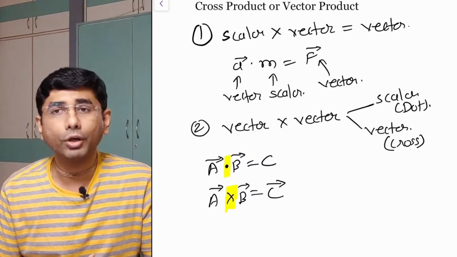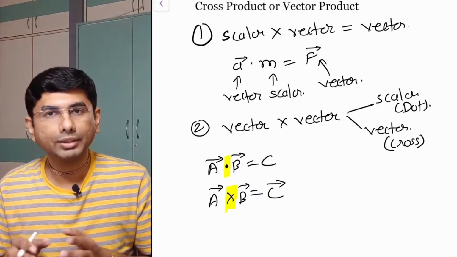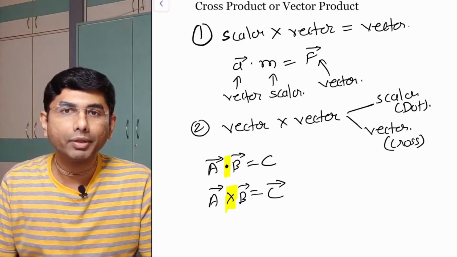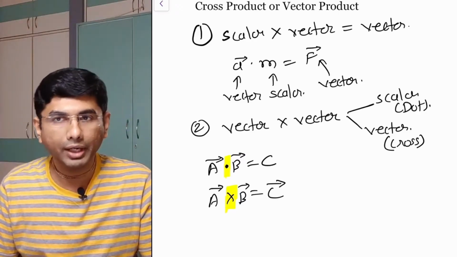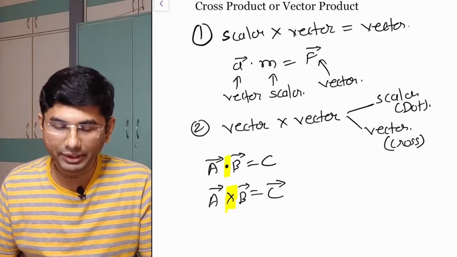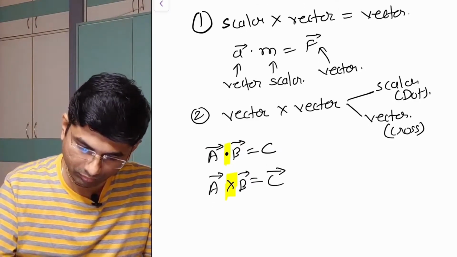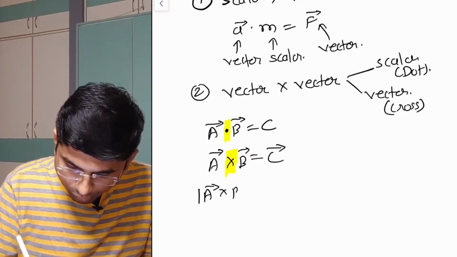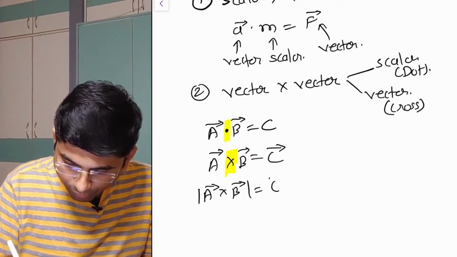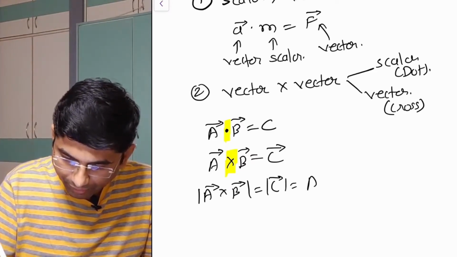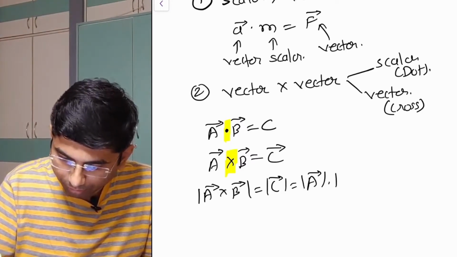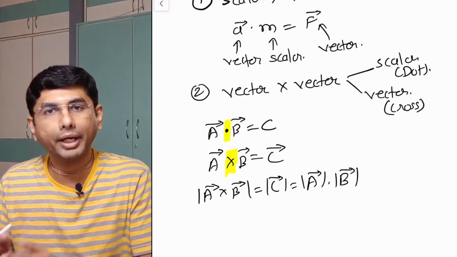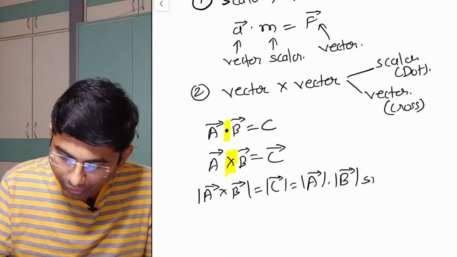As already said, two vectors are multiplied and the answer we get is a vector, so it will have two things: magnitude and direction. First we will see the magnitude. The magnitude of a cross b, or the magnitude of c vector, can be written as the magnitude of a vector into the magnitude of b vector into sine theta.